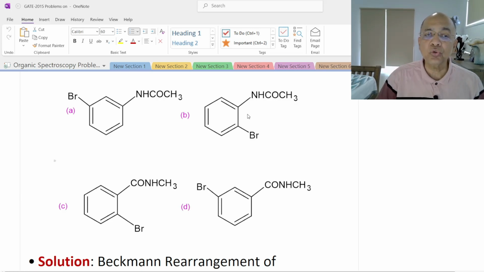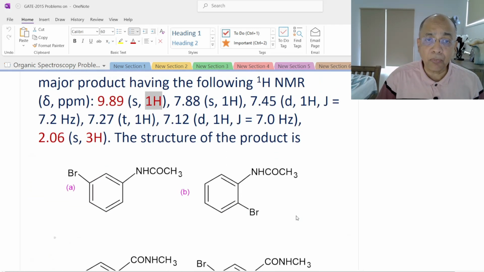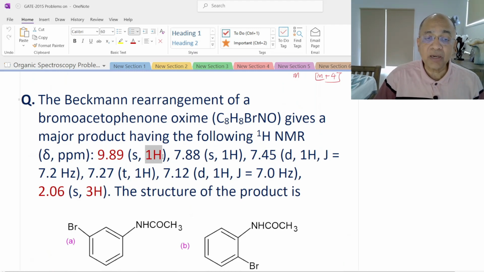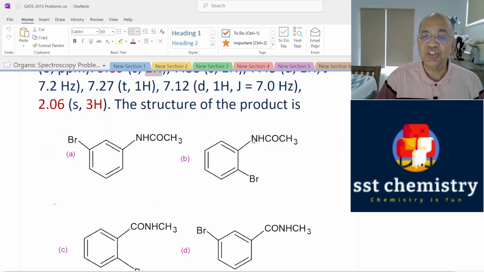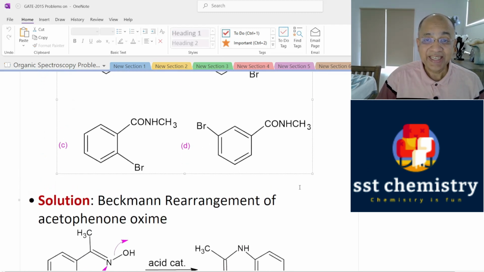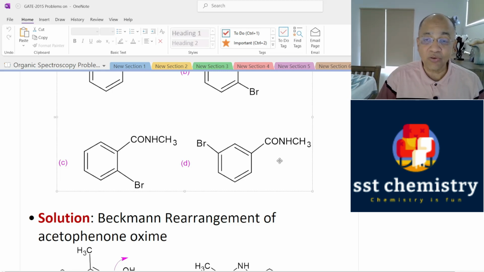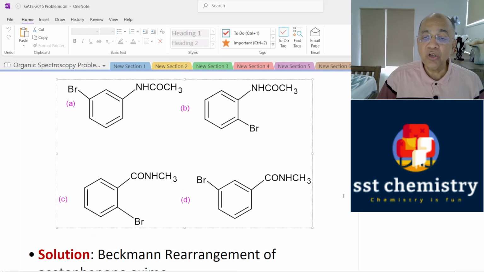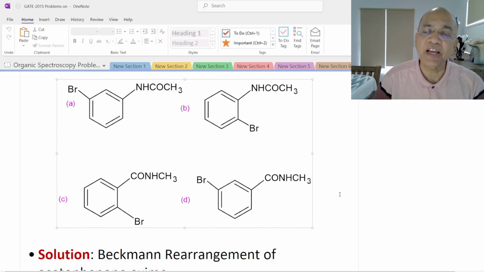So out of these two, now we shall fit in the bromine at ortho or meta. Now look at the other data. Of course, the one proton singlet at 9.89 is due to the NH proton peak. We can also say that the benzamide is ruled out, because in a benzamide the NH proton will not have its peak exceeding 8.5 ppm.